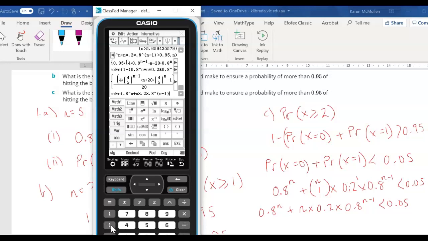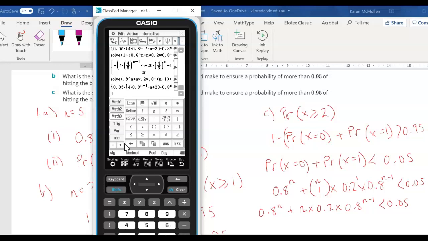Just make sure my brackets are all good. You don't really need to put the inequality in. Just use an equal sign. Then comma n, close your brackets, and then, oh, I get the same answer as before.